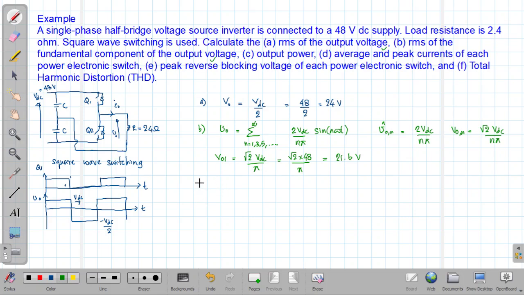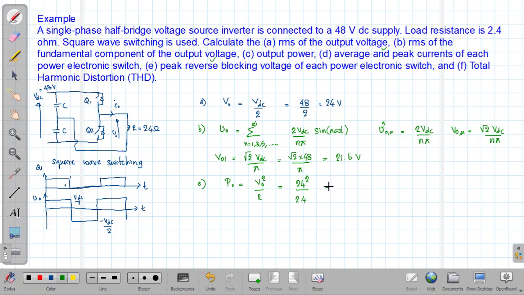Then you are asked to calculate the output power. So we could write P output as V squared over R, the output voltage squared over R. The output voltage is 24, which we calculated here, and the resistance is 2.4.